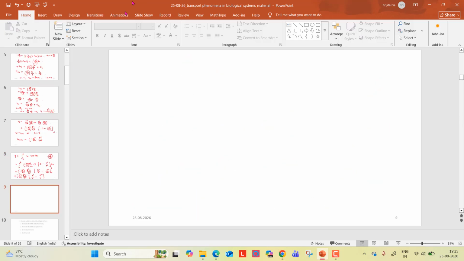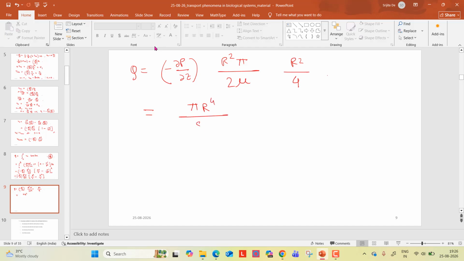So what you can write Q as, Q is minus del P del Z R square pi by 2 mu into R square by 4, right? That is coming as pi r to the power 4 by 8 mu minus del p del z. Okay.